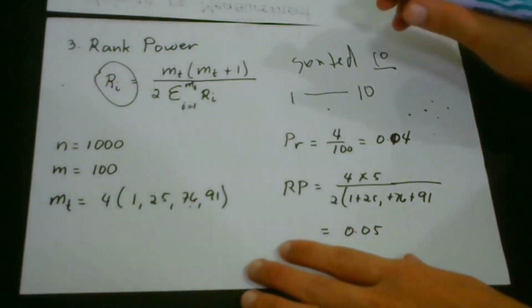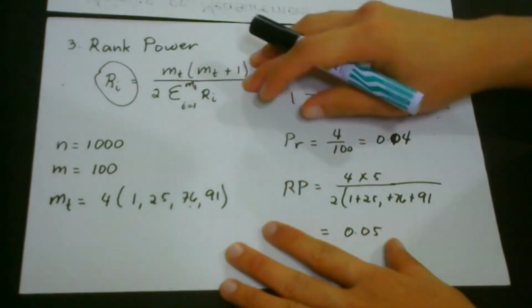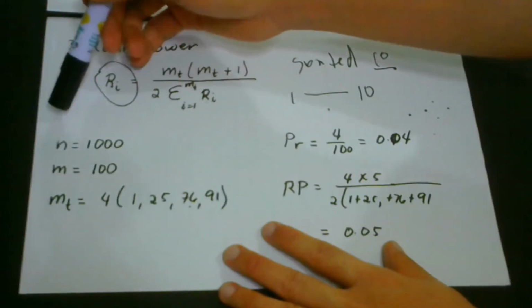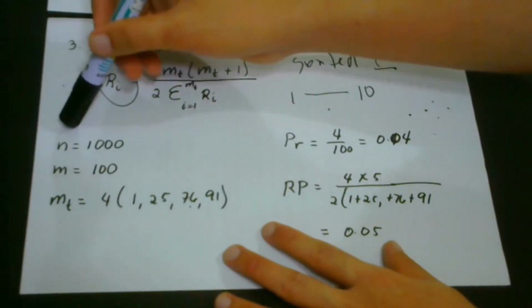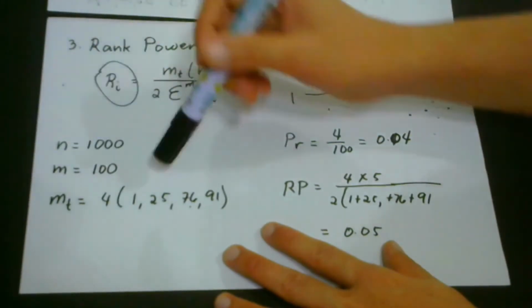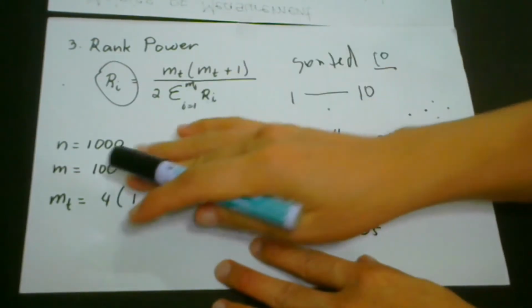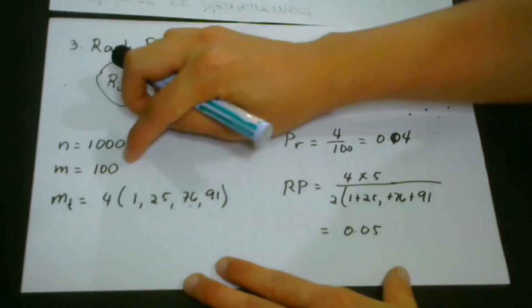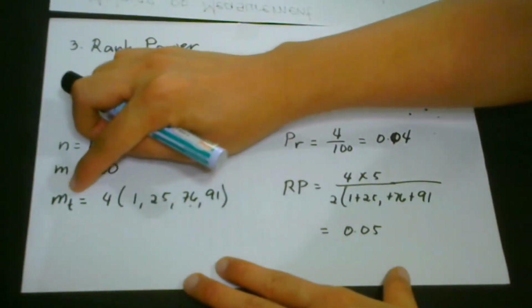For better understanding of this metric, we're going to have this example. Supposing we have 1,000 data points and we have identified 100 data points to be anomalous. Out of these 100, 4 are true positives.